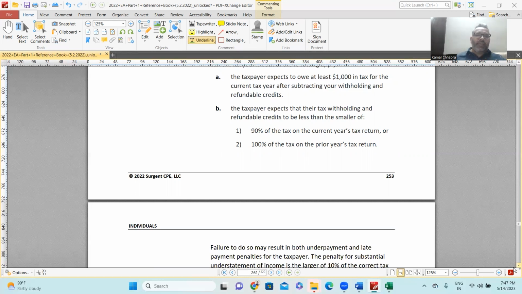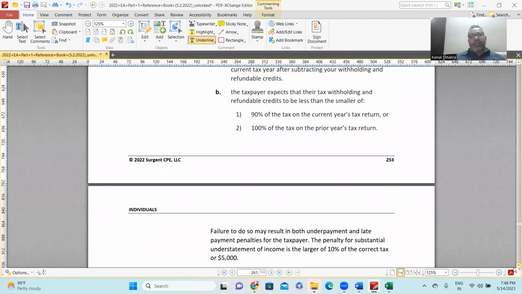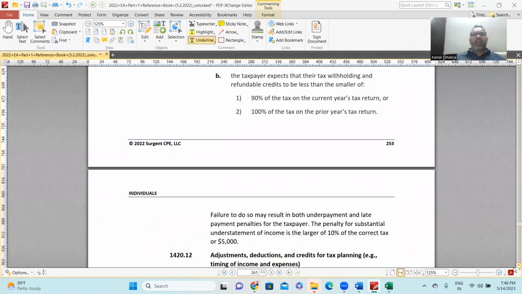That means if the tax withholding or tax which you have already deposited is equivalent to 100% of the tax liability which you paid in the previous year, or 90% of the estimated tax payable in the current year, in that scenario you are not required to pay additional estimated tax.